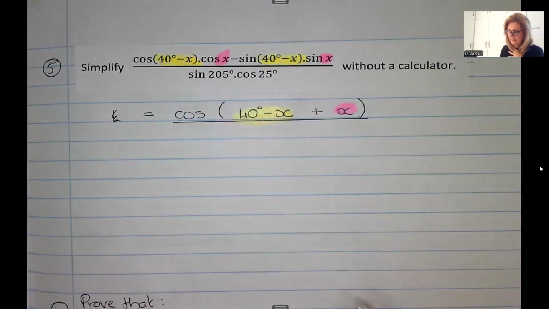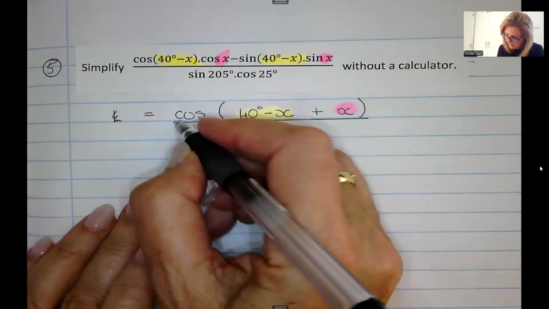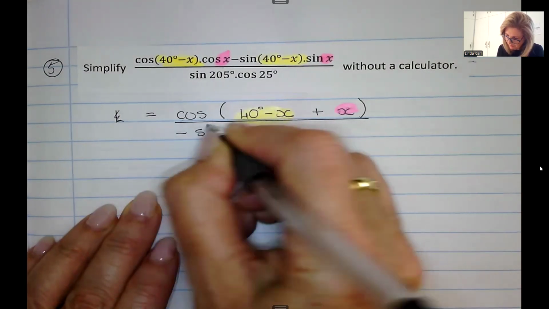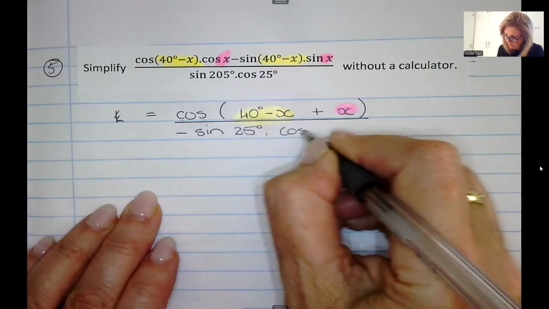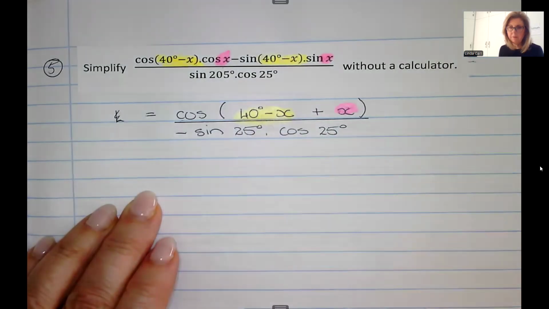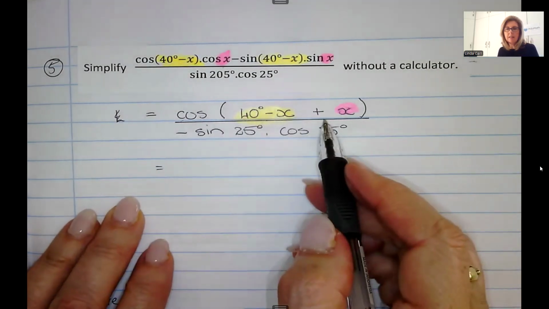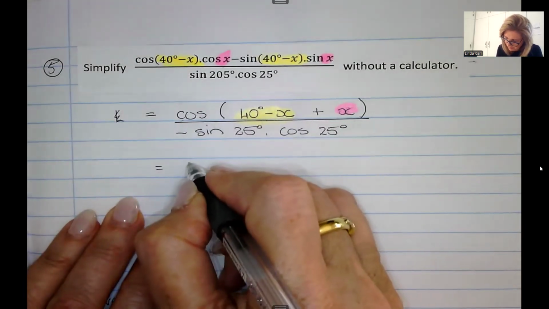In the denominator, 205 is third quadrant. So that's a 180 plus, but it's sine, so it's negative sine 25 cos 25. Right, so my numerator is now fantastic because minus x and plus x will subtract out to make 0.